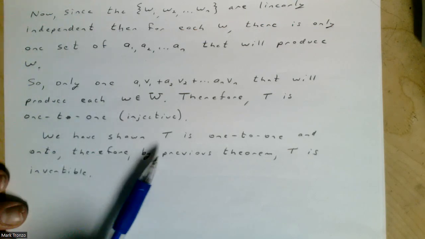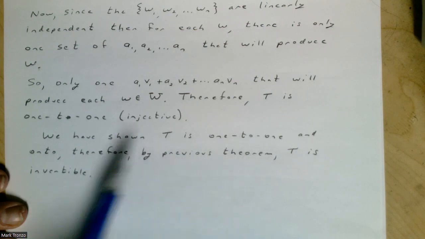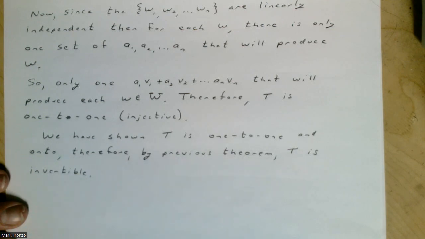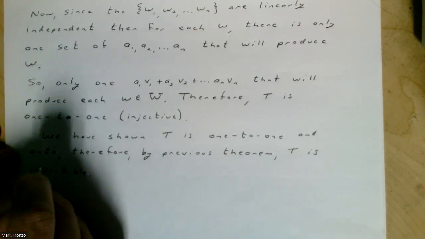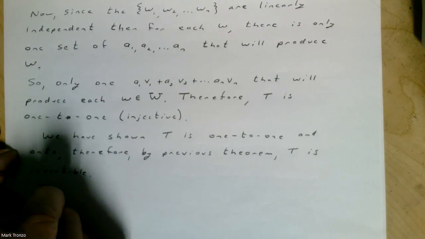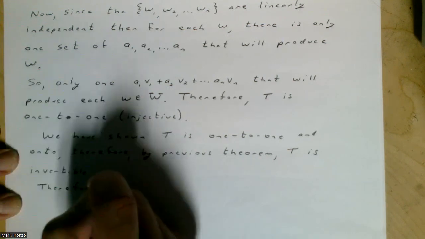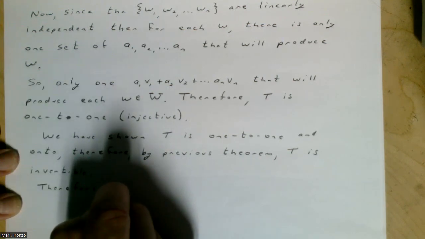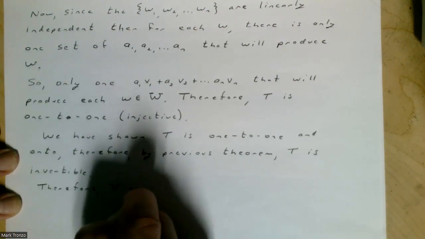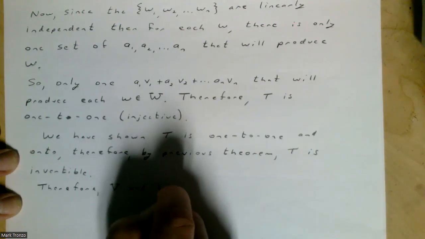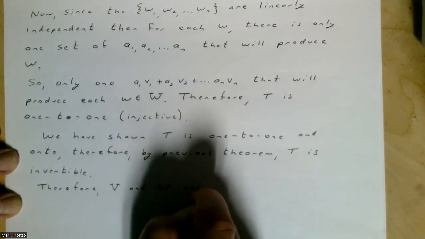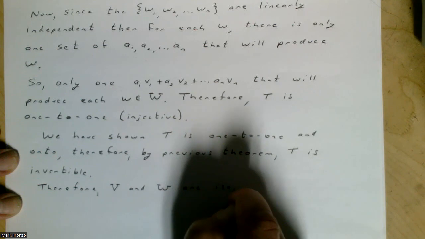And then we could show that T is invertible. And so that proves the second part of the theorem, that V and W are by definition isomorphic.